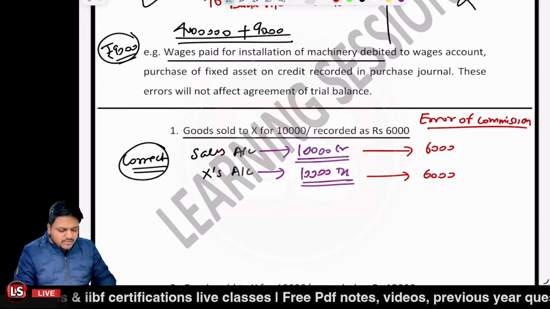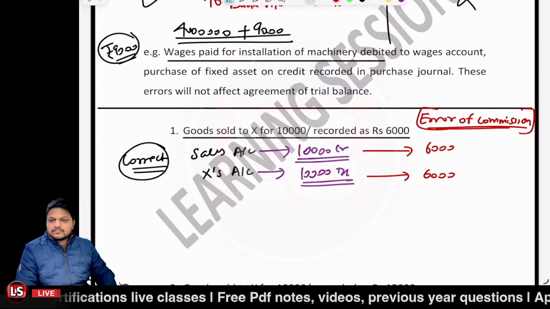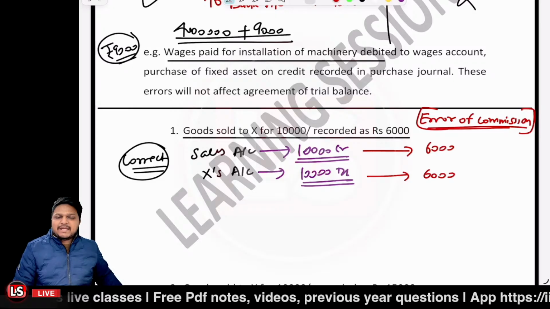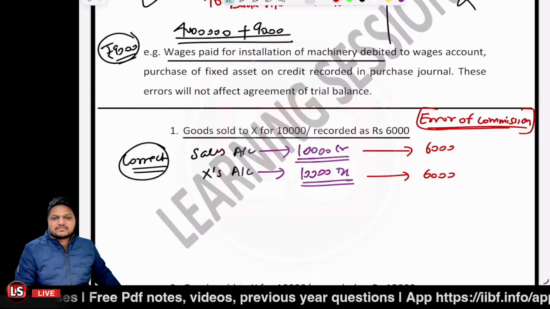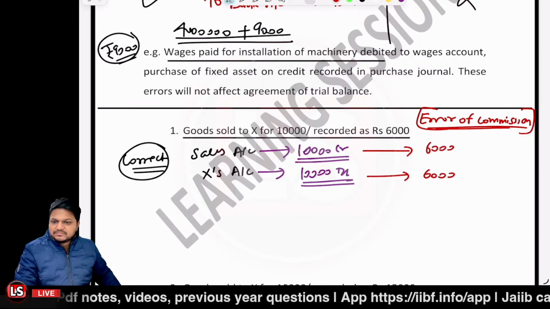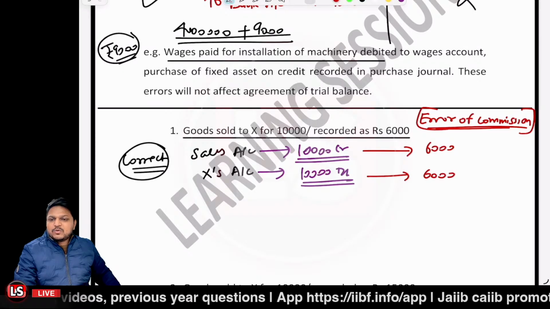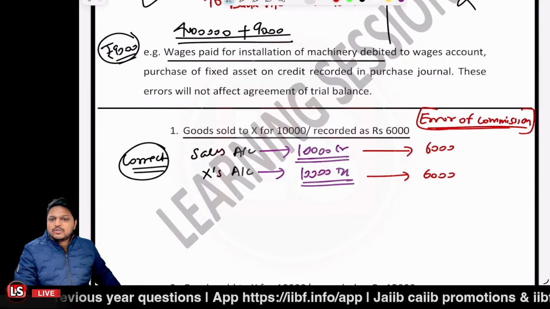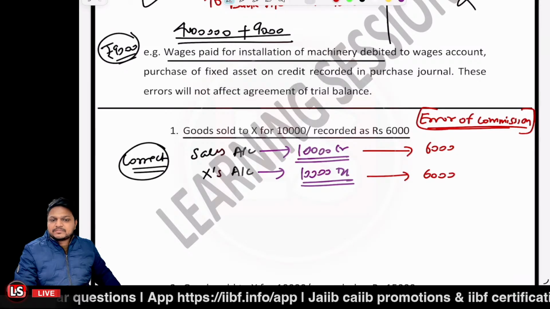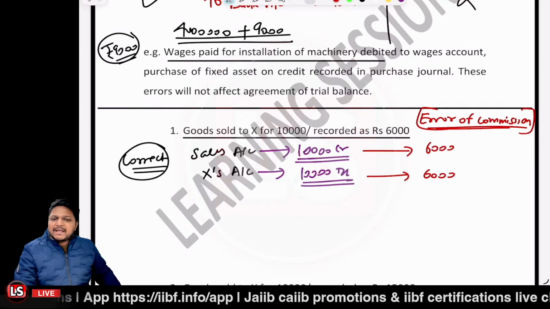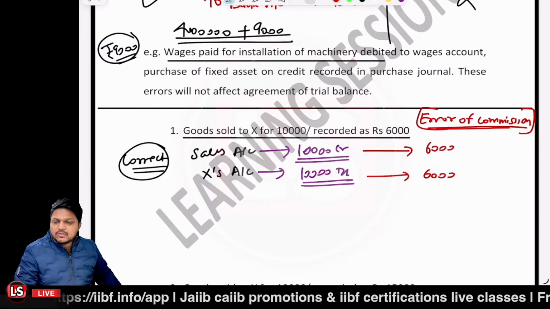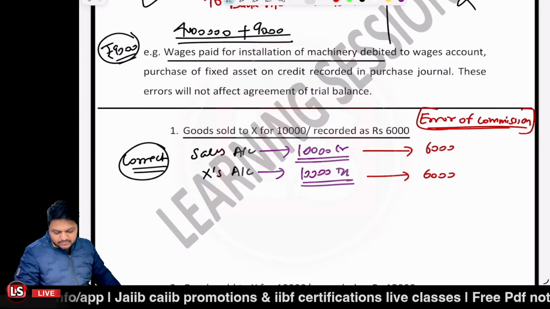Okay, how will it be rectified? How is this entry to be rectified? Kindly do let me know how you are going to rectify this entry. See, the balances are to be rectified.